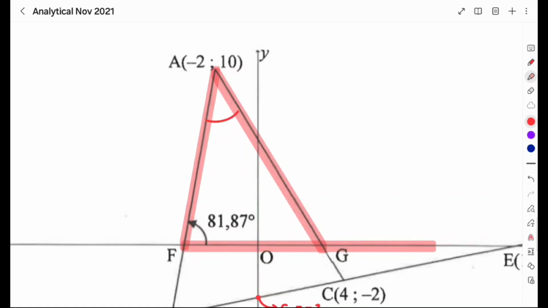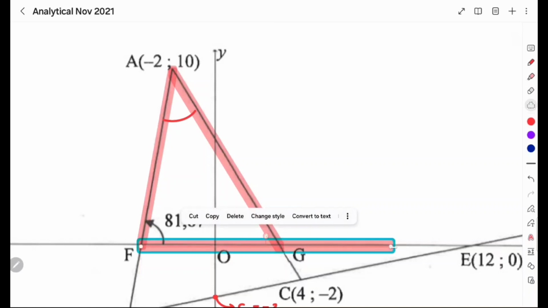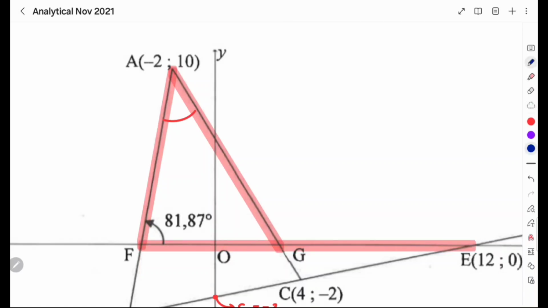If you take the triangle AFG, please take note that the exterior angle AG, let's call it E, so let's extend this line to the point E. So this exterior angle AGE, which is this angle over here, is equal to the sum of the opposite two interior angles, A plus F. So if we are able to find the angle of inclination of the line AG, we can state that the angle of inclination of the line AG is equal to the angle A plus the angle at F, which is 81.87.